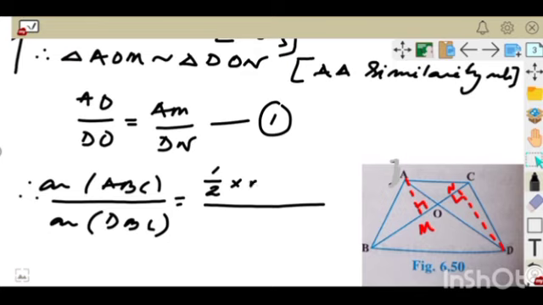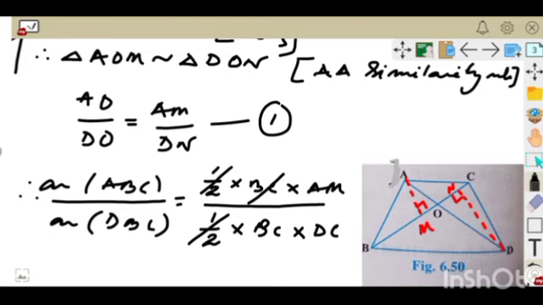So I'll write half into BC into AM. Below that, again half into the same base BC. DN is perpendicular to BC, so DN will be taken as the height. Now I'm going to cancel half, half, BC, BC.